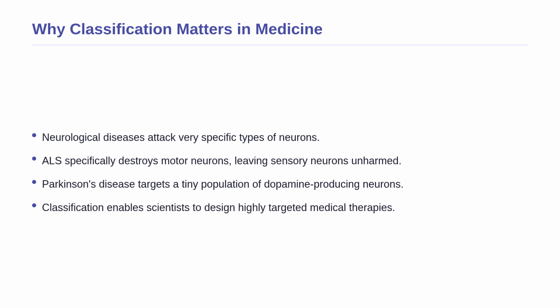For example, amyotrophic lateral sclerosis, or ALS, specifically destroys motor neurons, leaving a patient's sensory neurons completely untouched. Similarly, Parkinson's disease specifically targets a tiny population of neurons that produce the neurotransmitter dopamine. By knowing exactly which class of neuron is failing, doctors can design highly targeted drugs to treat these devastating conditions.